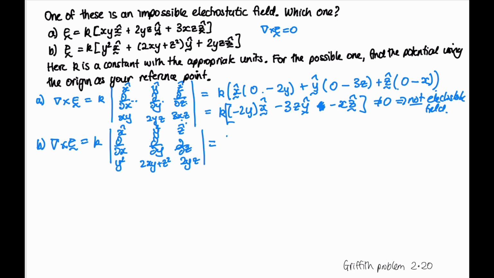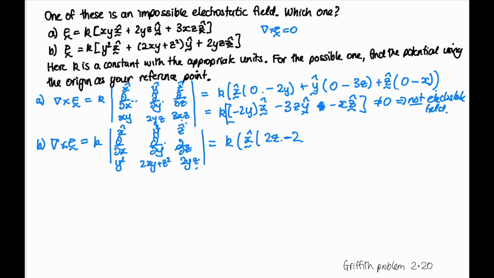And so this is equal to k, and in the x direction, we've got d/dy of 2yz. So that is going to be 2z. And then we've got d/dz of 2xy plus z squared, which is 2z.